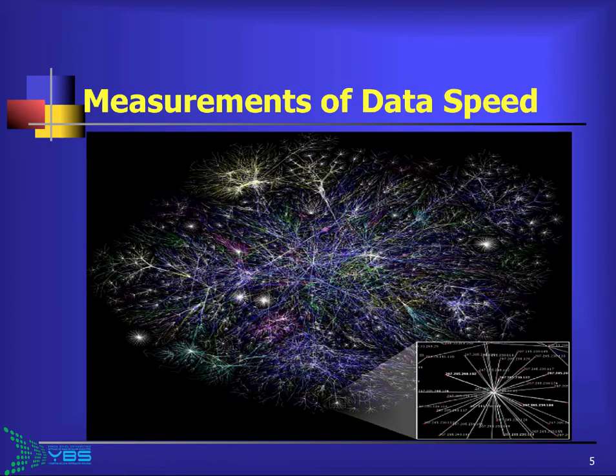And now the measurement of data speed. Data transfer speed can be measured in bits per second or in bytes per second. A byte is 8 bits long. Network engineers describe network speeds in bits per second, while web browsers usually measure a file download rate in bytes per second.